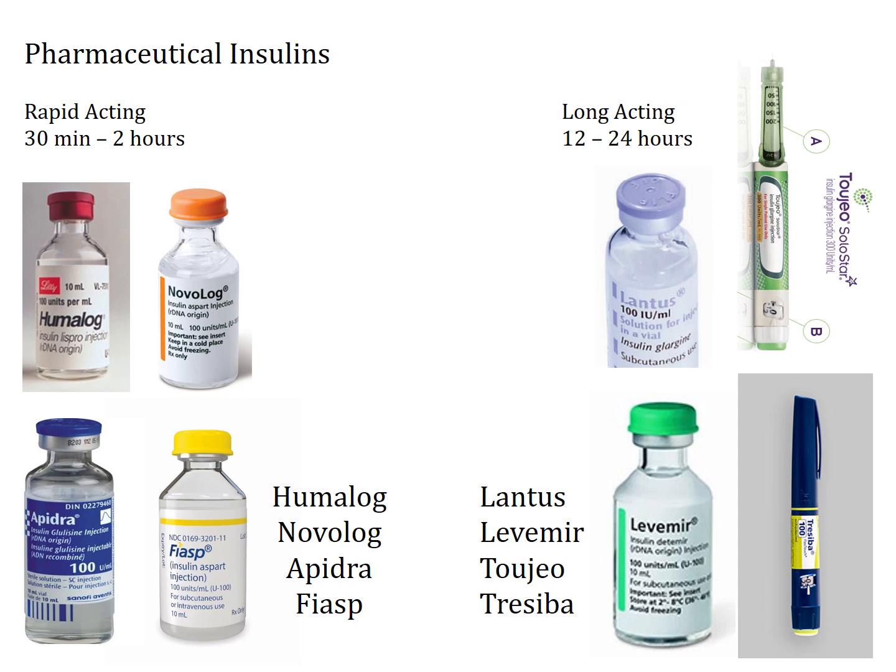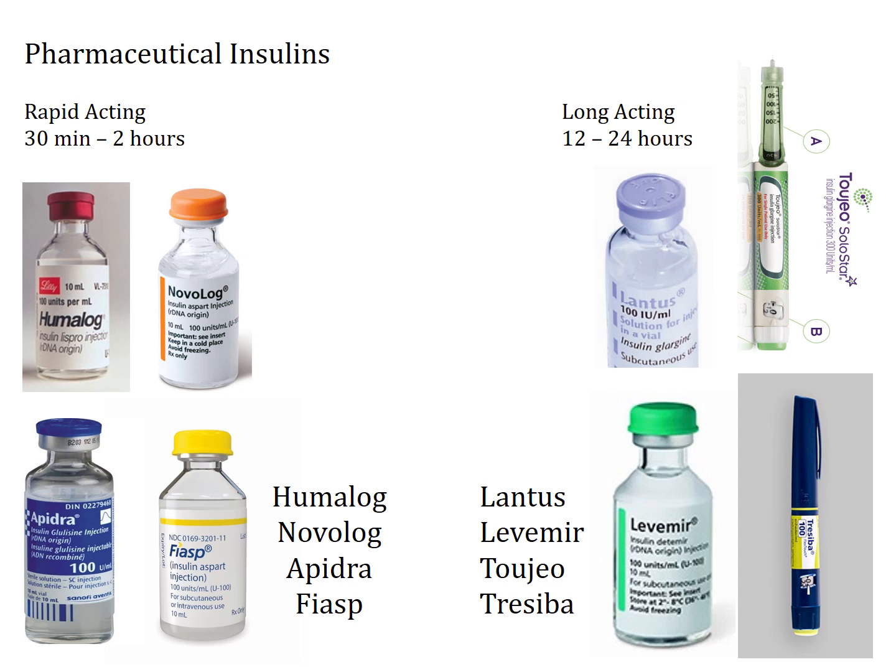And here are what I'll call the big 8. These are the 8 insulin products that are most commonly used in the US market right now. 4 of them are rapid acting: Humalog, Novolog, Apidra, and the newest to the market is something called Fiasp. These are all rapid acting insulins.